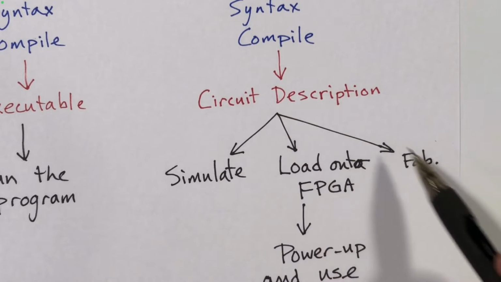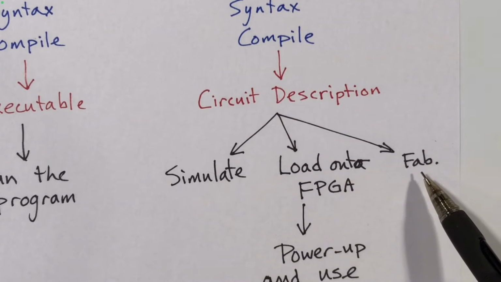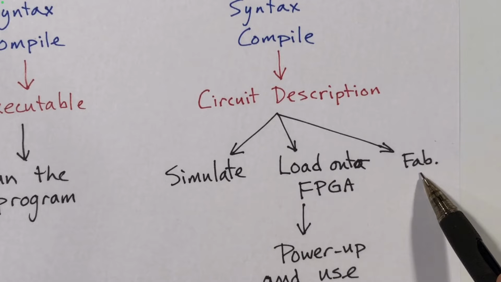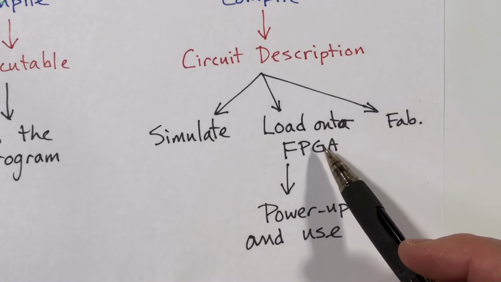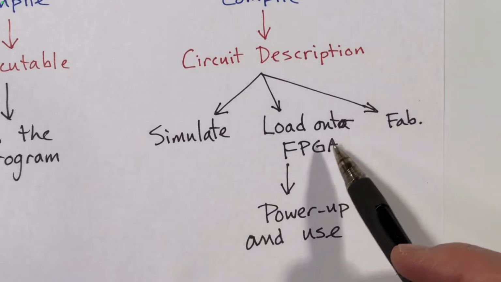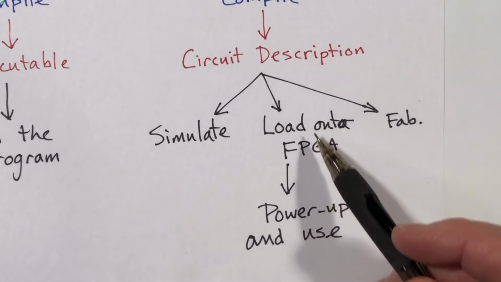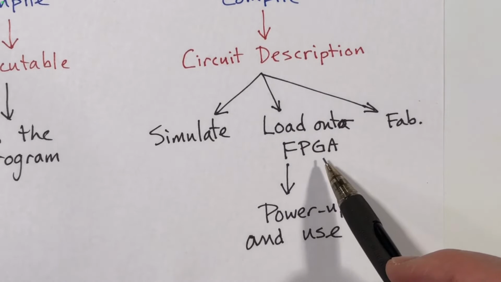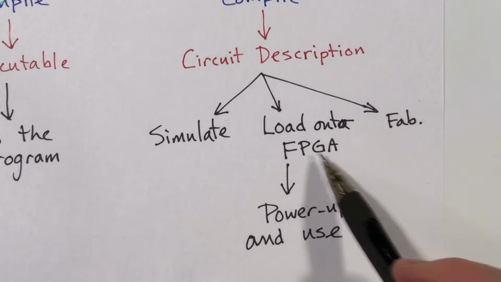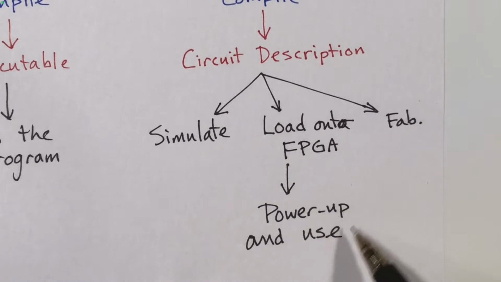If you have a lot of money, like Intel or another company like that, you can fabricate the circuit in custom integrated circuits. But what most likely you would do as a hobbyist is to load your circuit onto an FPGA, and then once your circuit has been downloaded onto the FPGA chip, you can power up and use the circuit.